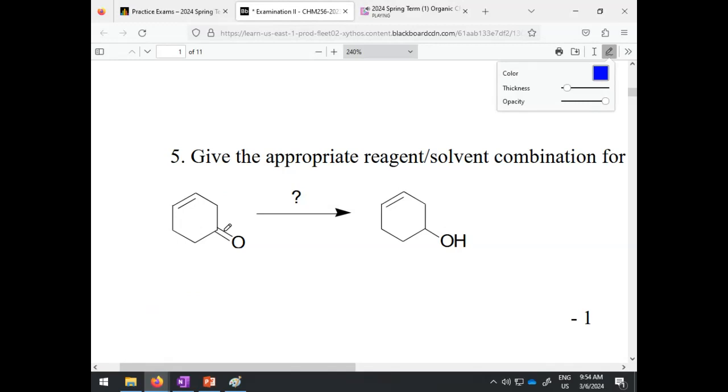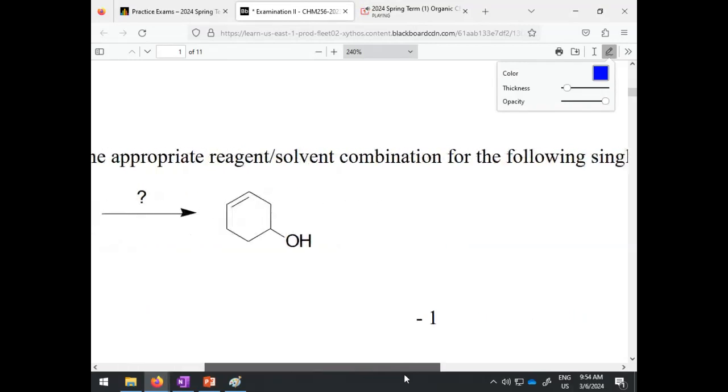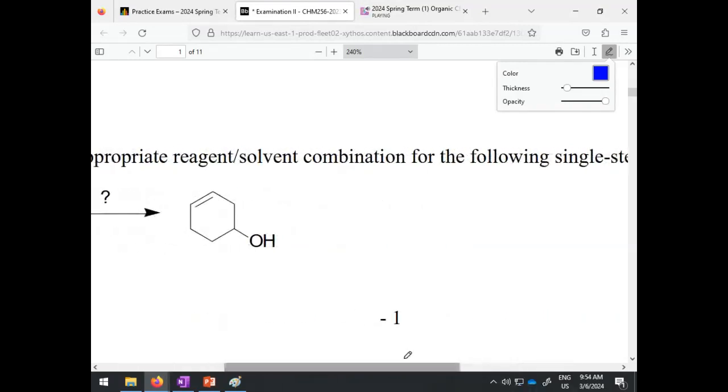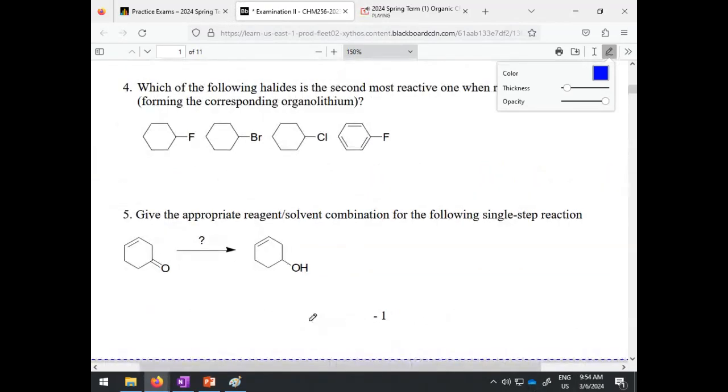So you need a solvent and reagent combination to selectively undergo addition to the carbonyl group, but not the CC double bond. And it has to be a single step reaction. It's a reduction process, and you don't want to reduce the CC double bond.